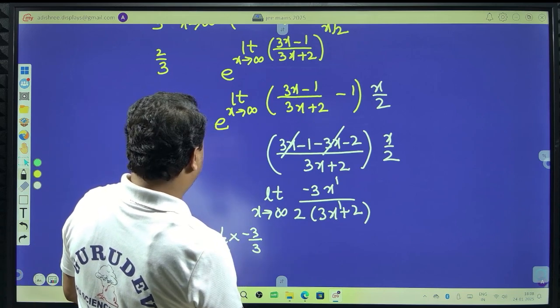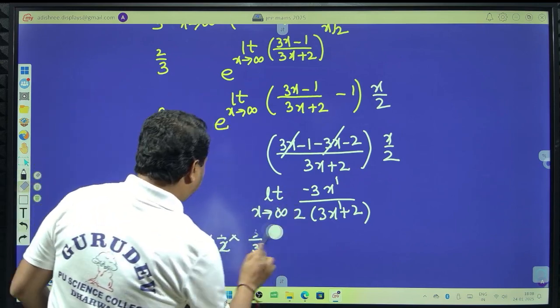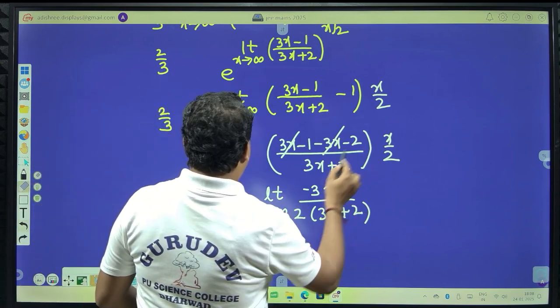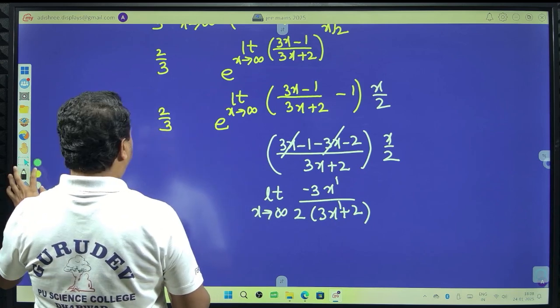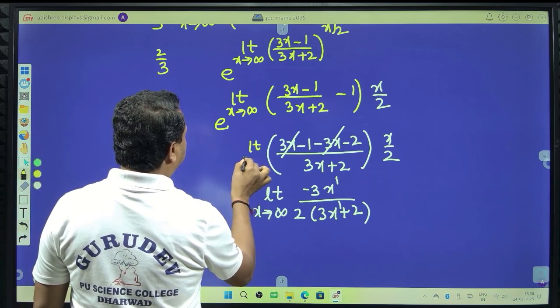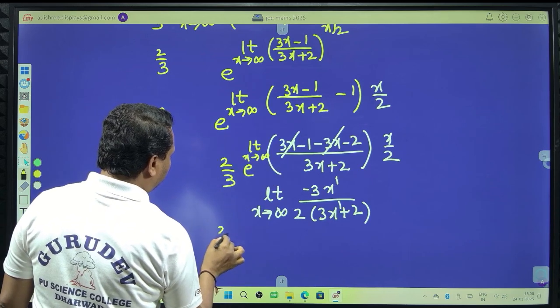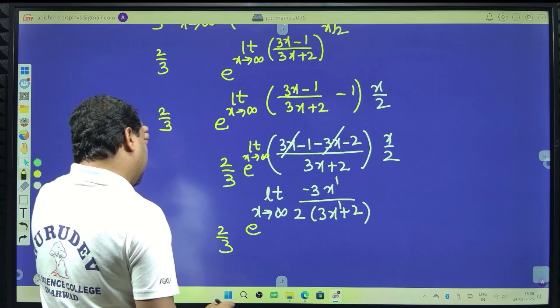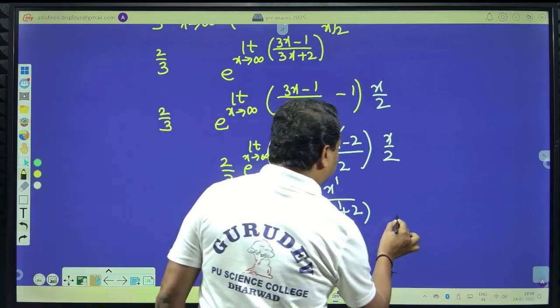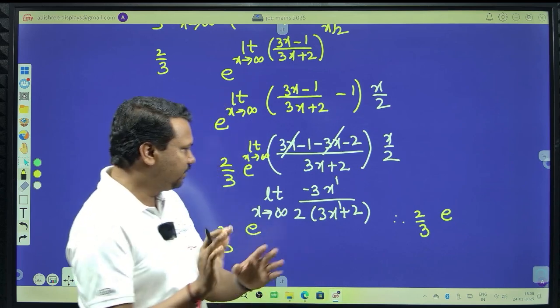Acha, one second, let me rewrite this. Where I left, all this happens in the e to the power limit as x extends to infinity, 2 by 3 e to the power. So what we have, therefore, 2 by 3 into e to the power.